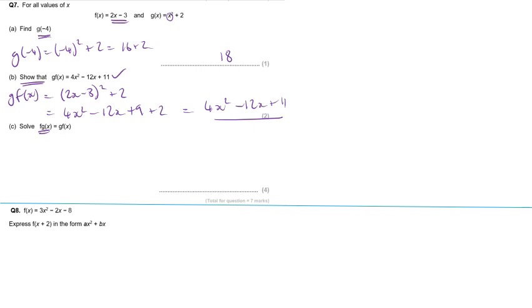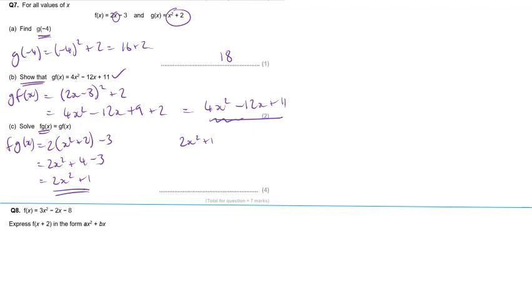So f of g of x, this time we'll substitute this into here. And we need to solve it, so we're now going to form our equation. So 2x squared plus 1, we want to find out when that is equal to this.